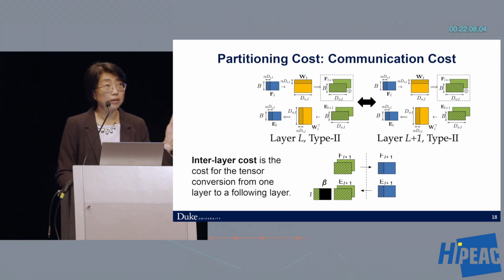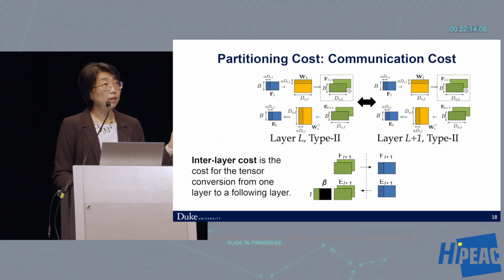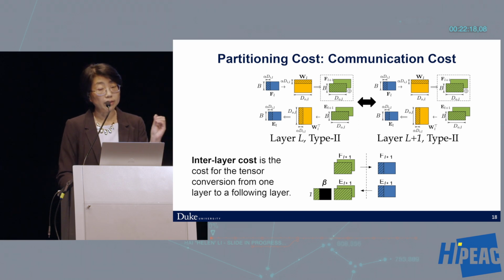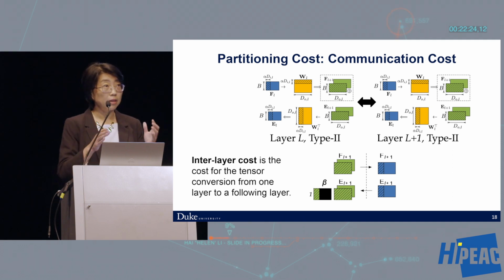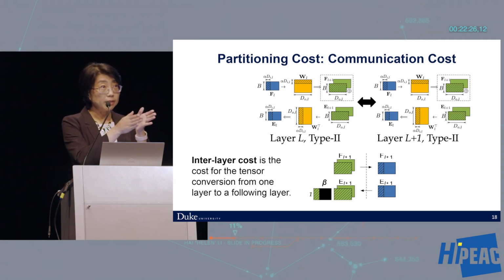Particularly talking about interlayer cost, here is the illustration. The illustration shows layer L takes in type 2 partition, and layer L+1 also takes type 2 partition. The interesting part is the transition from layer L to layer L+1.